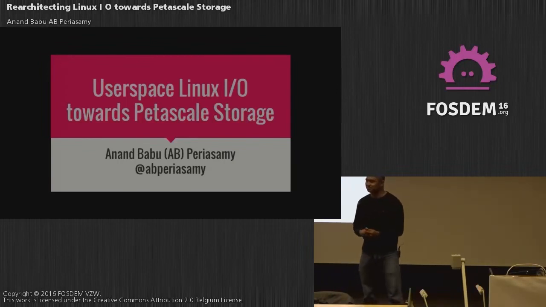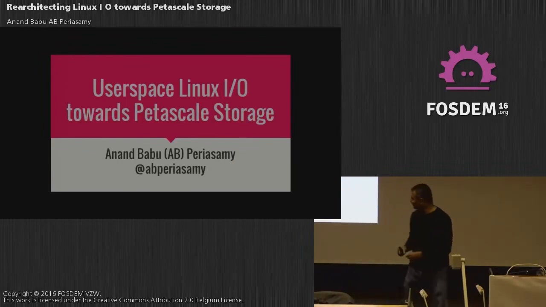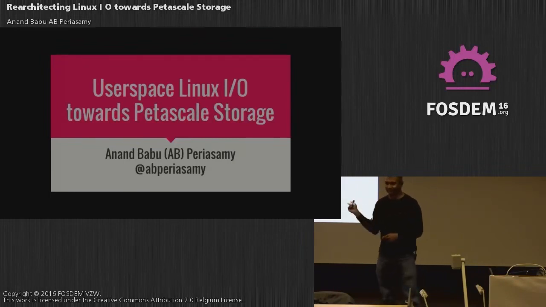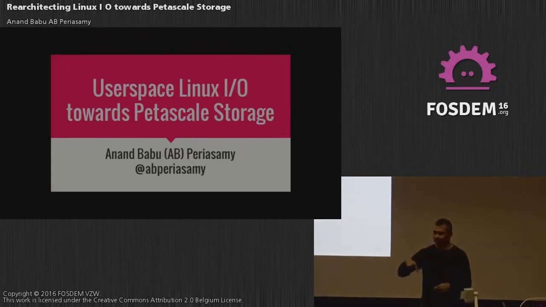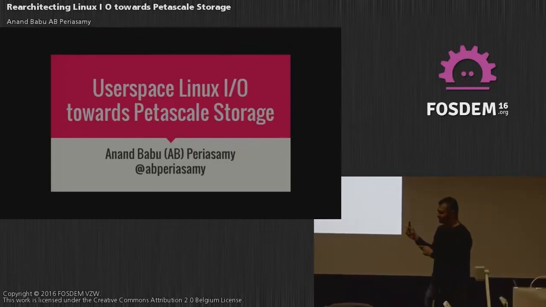That was the problem. I also did not know the previous talk was about Gluster. You will see some references to Gluster here too. The reason is I founded the Gluster project, and I learned a lot in the process, and you will hear about some of it in this talk.